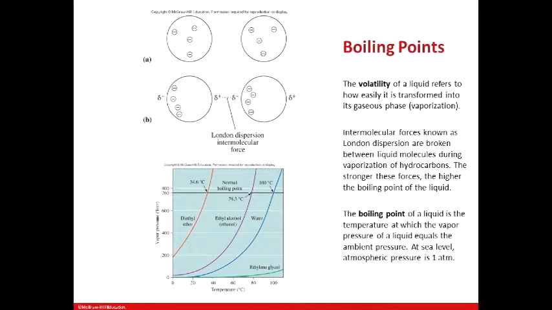This is when it boils. When it hits this line, it boils. Notice diethyl ether hits this line at a lower temperature than ethyl alcohol, which is the alcohol that you put on a cut, and water, that you took a shower with last week. So you got it? This is what causes boiling point.